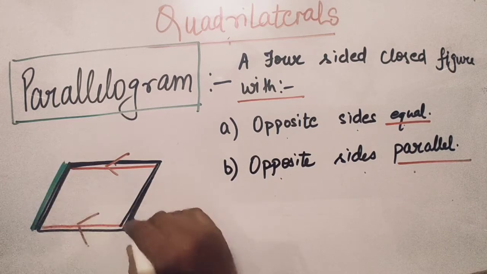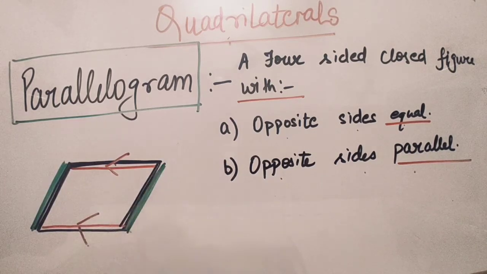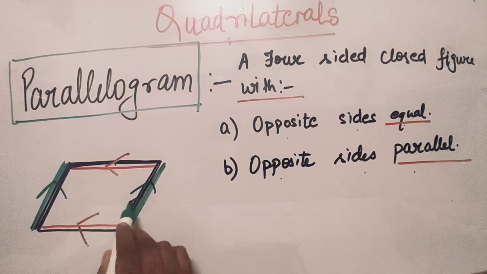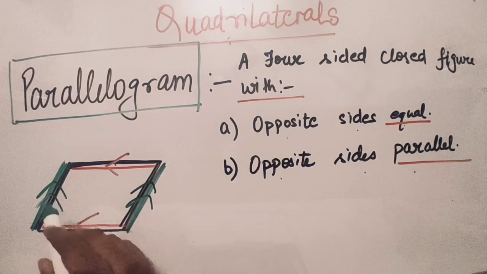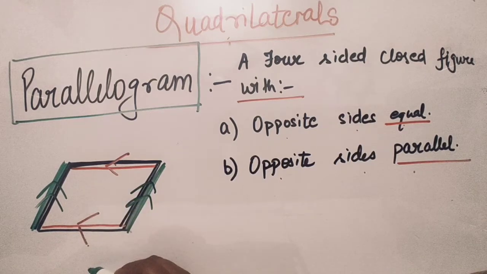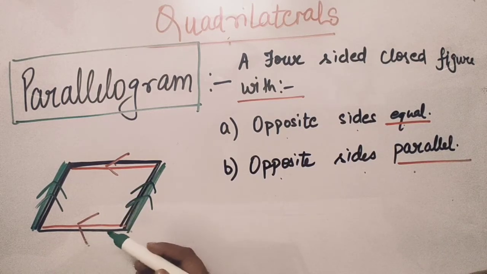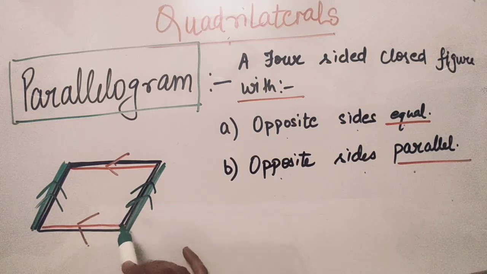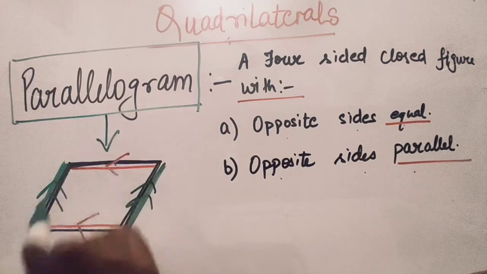This side is opposite to this side. So these have to be equal and they have to be parallel to each other. The arrow sign here shows these sides are parallel to each other. So when we make these changes in any four-sided closed figure, that figure is converted into a parallelogram.